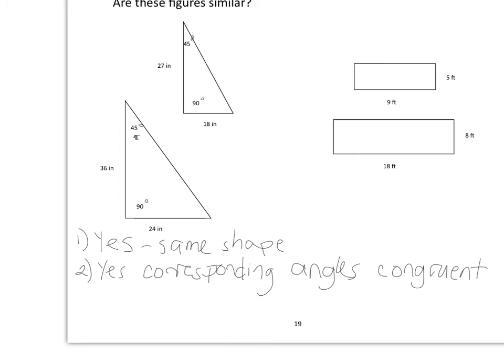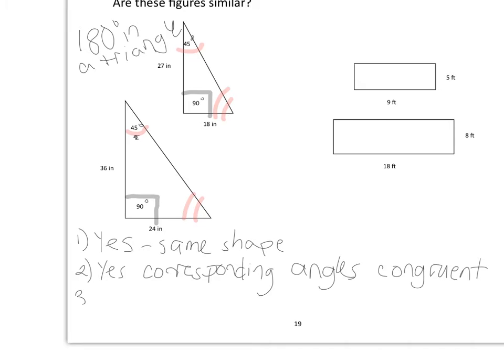There's a 90-degree angle down here and a 90-degree angle down here. And then up top, there's a 45-degree angle. Because of the rule of triangles, we know that those two angles will be the same, because in a triangle there are 180 degrees total. Feel free to make that note if you did not know that.